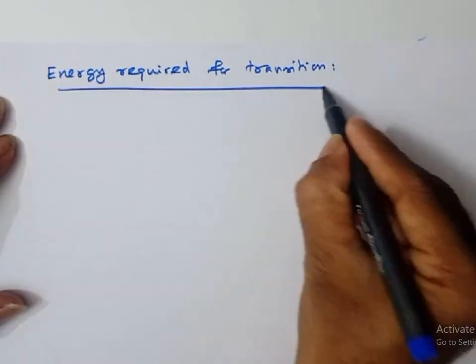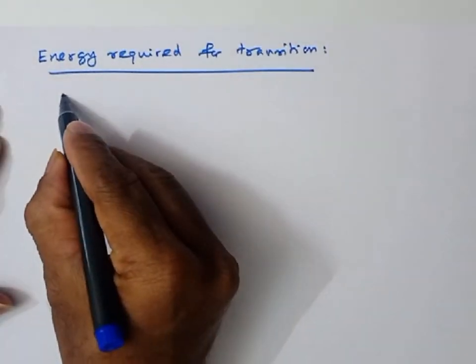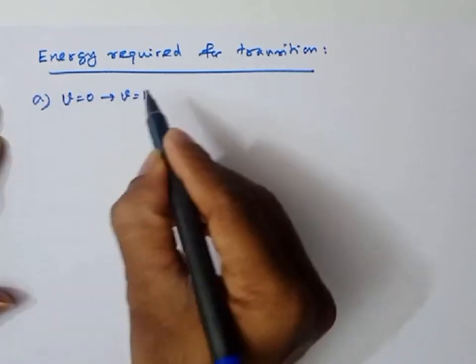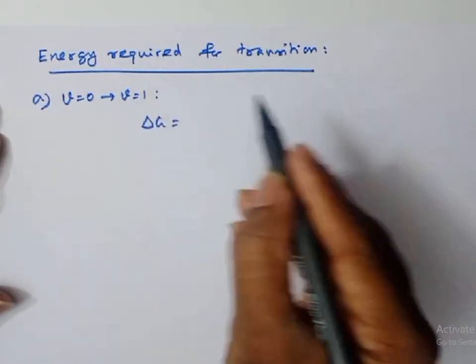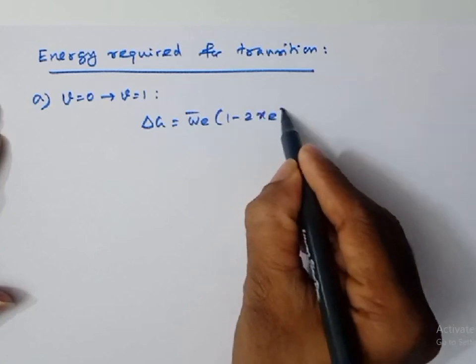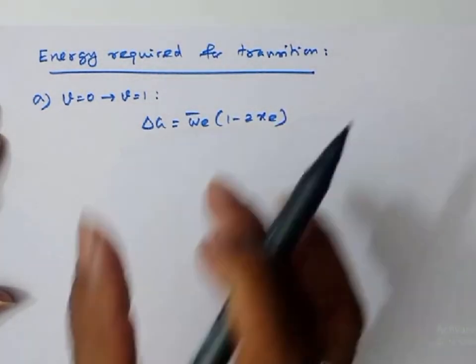This also we discussed in the last class. For the fundamental transition, that is 0 to 1, how much energy is required? That is nothing but delta G, and last class we derived it. The value is omega_e bar into (1 minus 2xe). For the fundamental transition, this is the energy required.